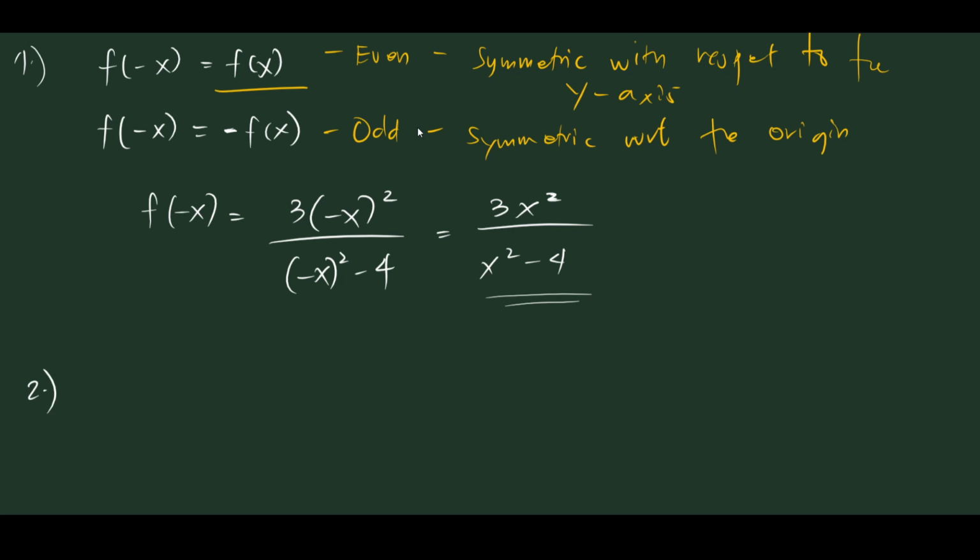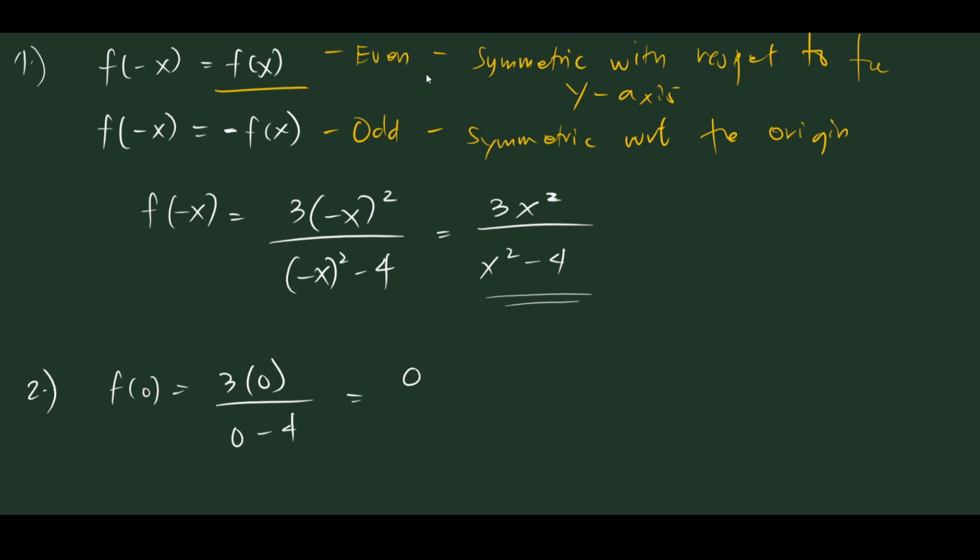Now we know that. And then the second step is to find the intercepts by evaluating f of 0. I mean the y-intercepts, okay? So to find the y-intercepts, let's do that. So f of 0 is equal to 3 multiplied by 0 all over 0 minus 4.